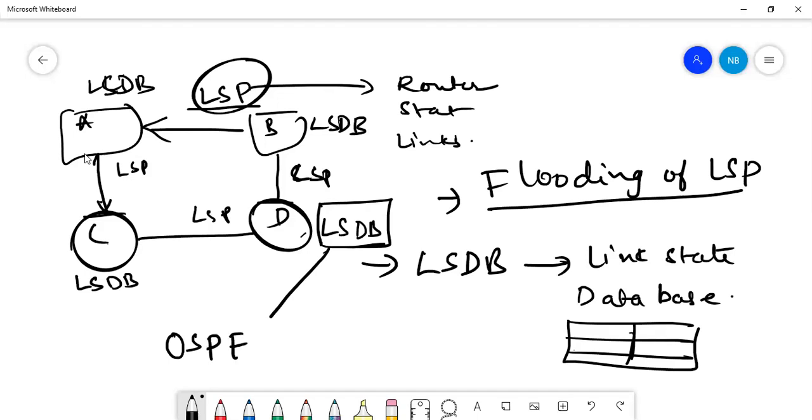LSP is shared only when OSPF protocol is applied.